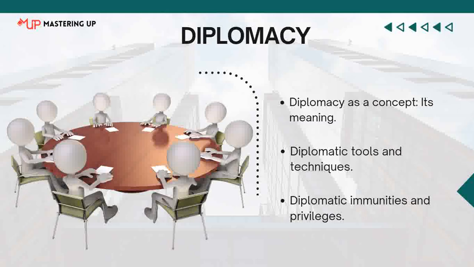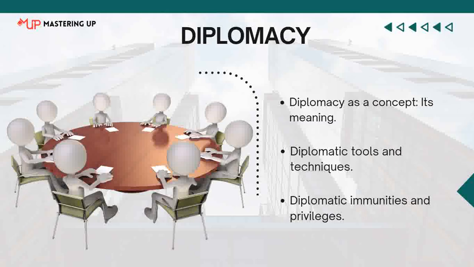There are also different diplomatic immunities and privileges that diplomats enjoy. These immunities and privileges are very important in order to ensure that diplomats have a smooth functioning of diplomatic relations.